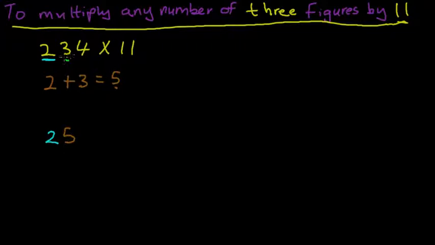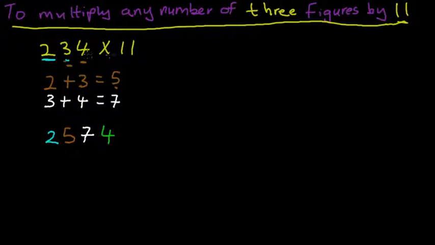Then you add up the second and the third digit, 3 plus 4, which gives you 7. Then you bring down the 7. Lastly, you bring down the third digit, which is 4.